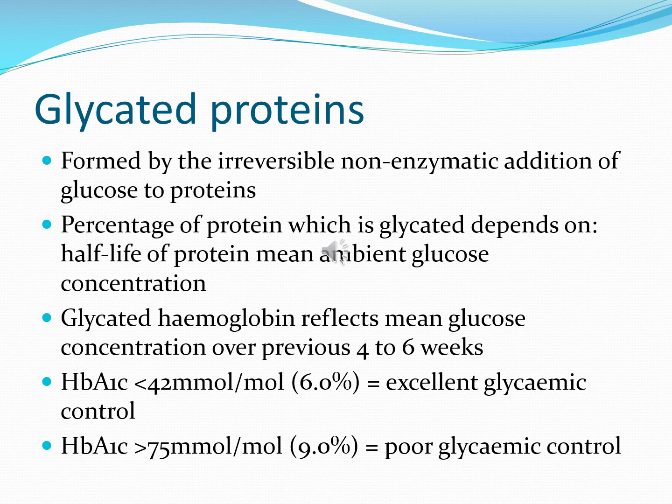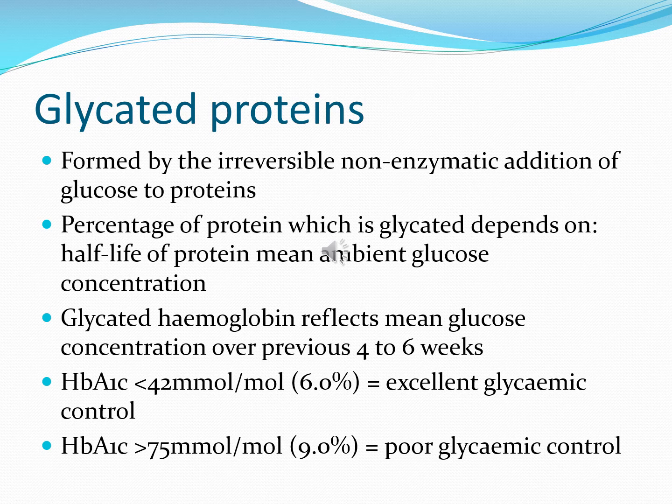Therefore, glycated hemoglobin reflects mean glucose over the previous, say, 4 to 6 weeks. You'll see in the textbooks maybe it states 9 to 12 weeks, but the more recent ambient blood glucose level contributes more to the amount of glycated hemoglobin. So about 50% is accounted for by the previous 4 weeks.